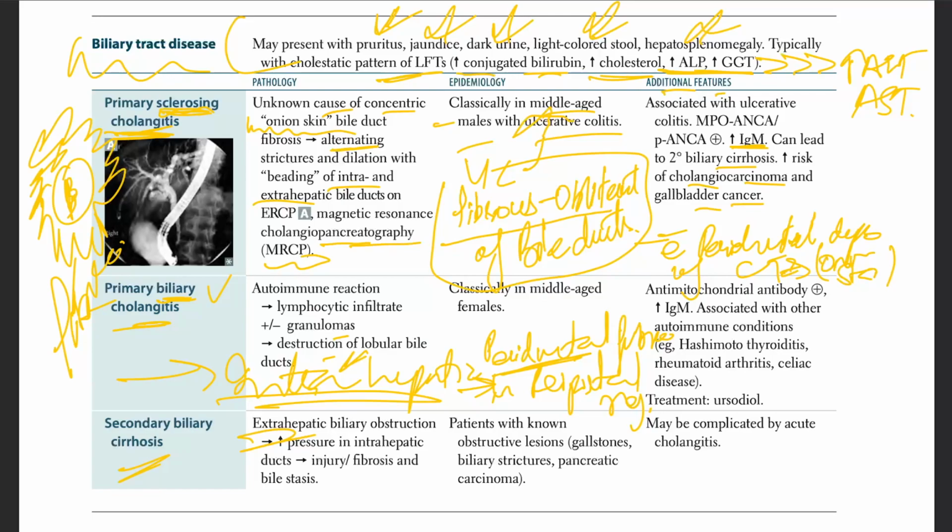And here we have the periductal fibrosis, and this was the deposition of the connective tissue.